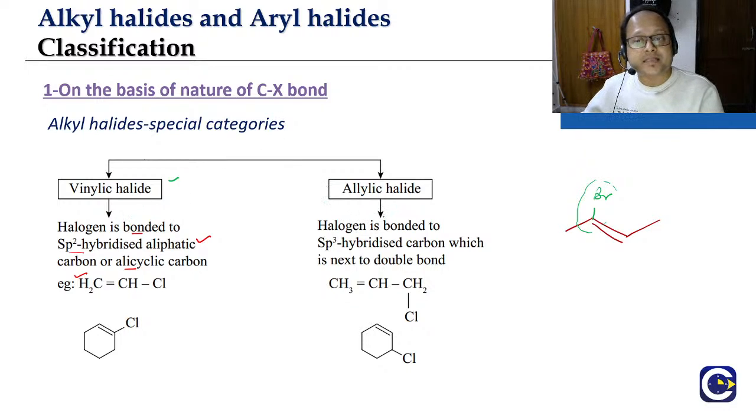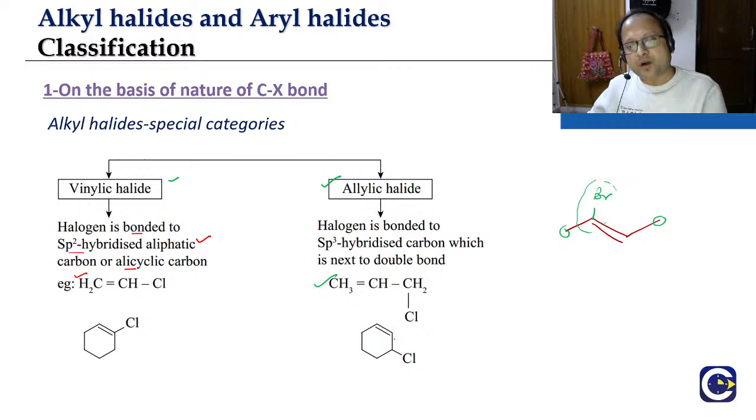Now allylic halides. So the position just after the double bond, which is sp3, this position as well as this position just after the double bond is sp3, and this is called your allylic position, or allyl. Any halogen attached over there will be called an allylic halide. So right, this is a good example of an allylic halide.